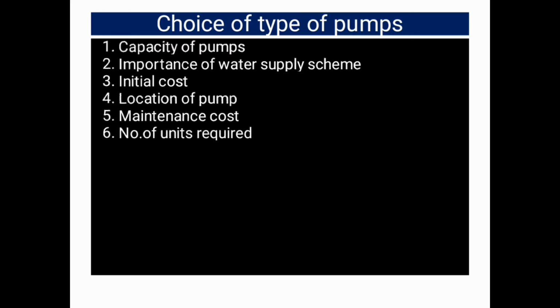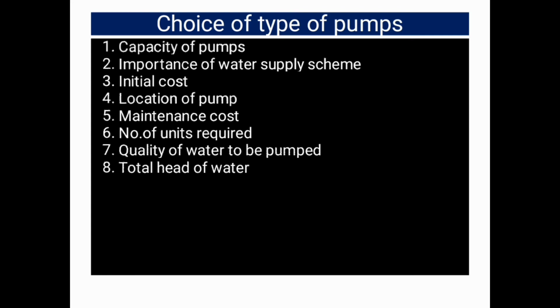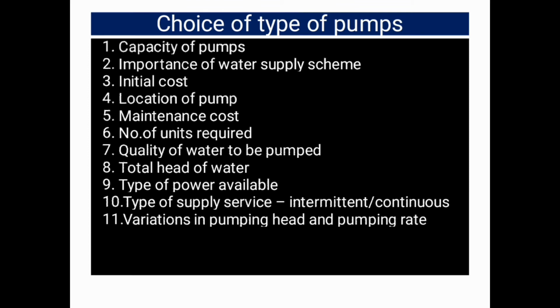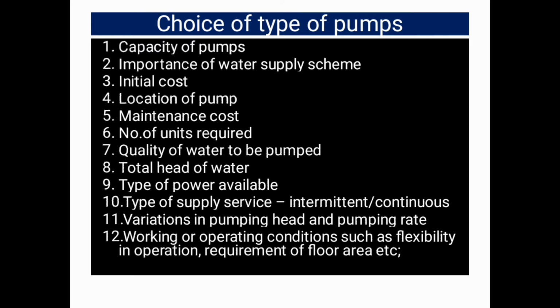Maintenance cost. Number of units required. Quality of water to be pumped. Total head of water. Type of power available. Type of supply service, whether it is intermittent or continuous. Variations in pumping head and pumping rate. Working or operating conditions such as flexibility in operation, requirement of floor area, etc. These are the factors affecting the selection of a particular type of pump.